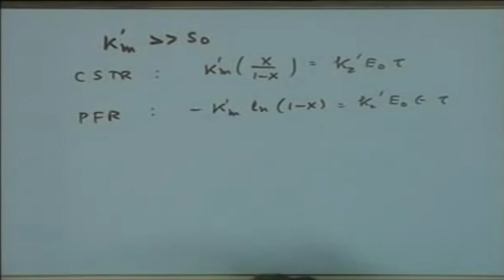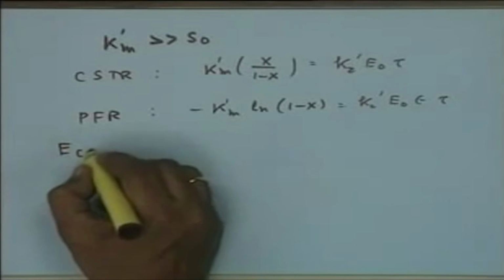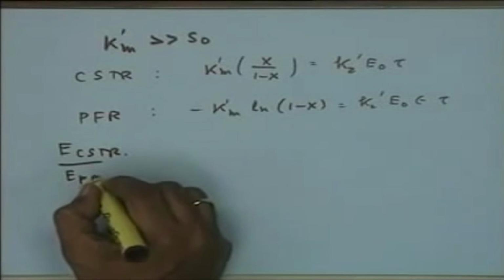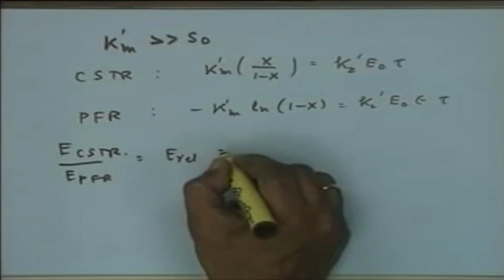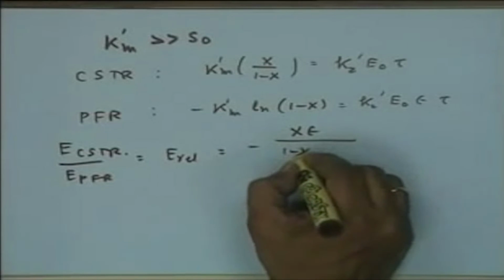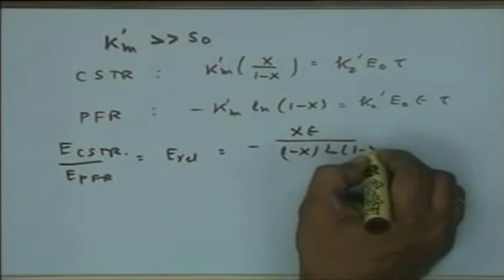But if you consider a first order enzyme, the performance is quite different. If you compare the relative quantity of enzyme required in CSTR and PFR, we can define this term as E relative, which will be equal to minus x epsilon upon 1 minus x into ln 1 minus x.